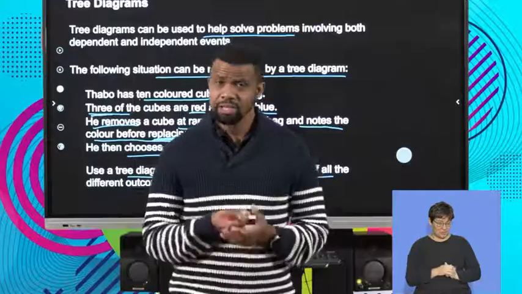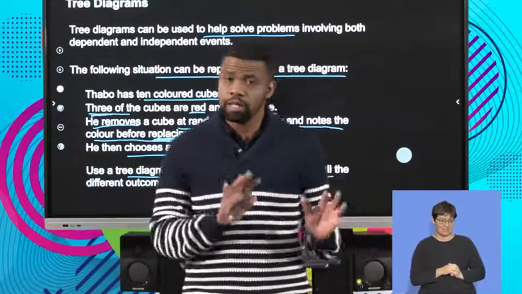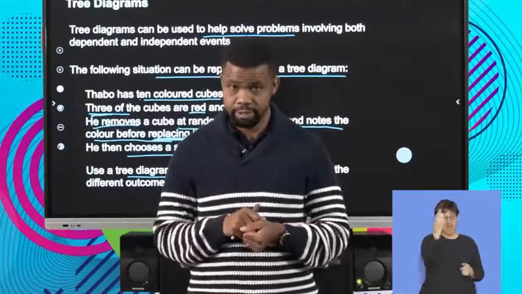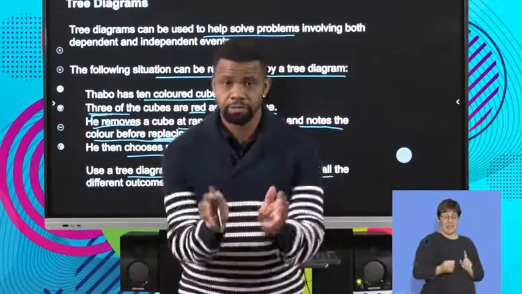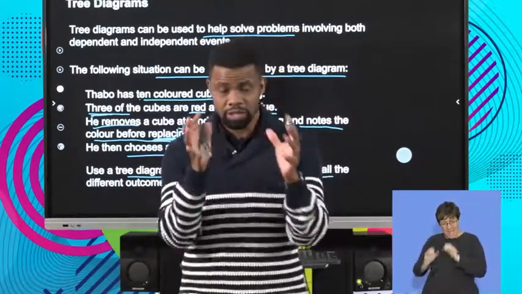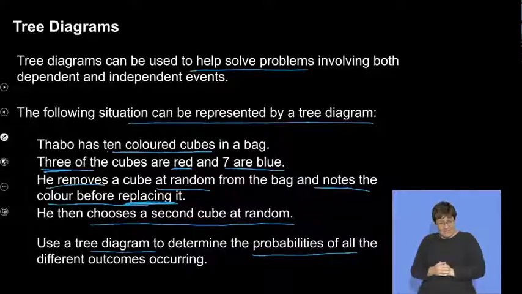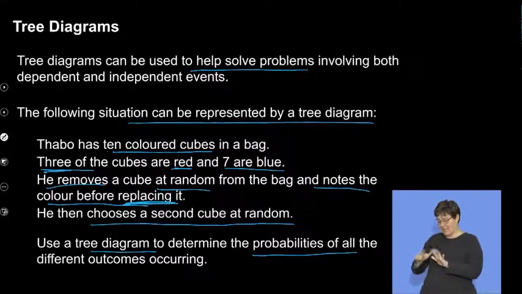Interesting. It's not as easy as a coin, because with a coin my outcome is tail or head. Now we have a bag with 10 balls inside, and we know 3 are red and 7 are blue.